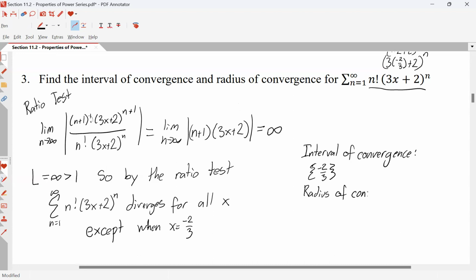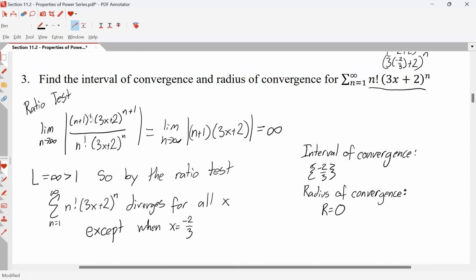And the radius of convergence, again, the radius is the distance from the center to the furthest boundary point of the interval. Well, the interval is the center, meaning the radius is 0. So we've seen a case where the radius is infinity and our interval is all real numbers.